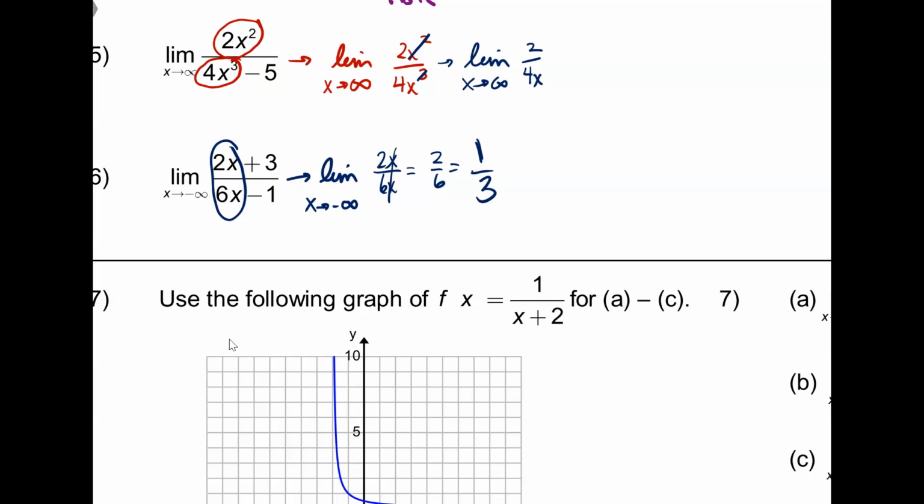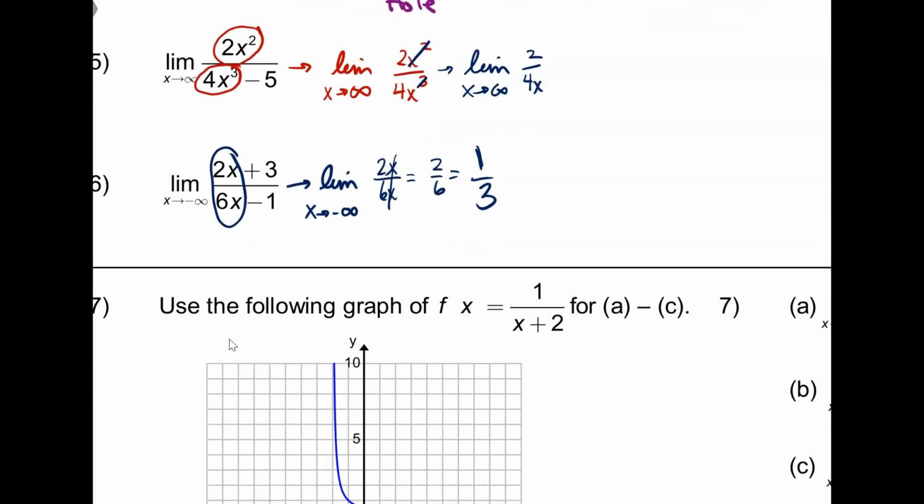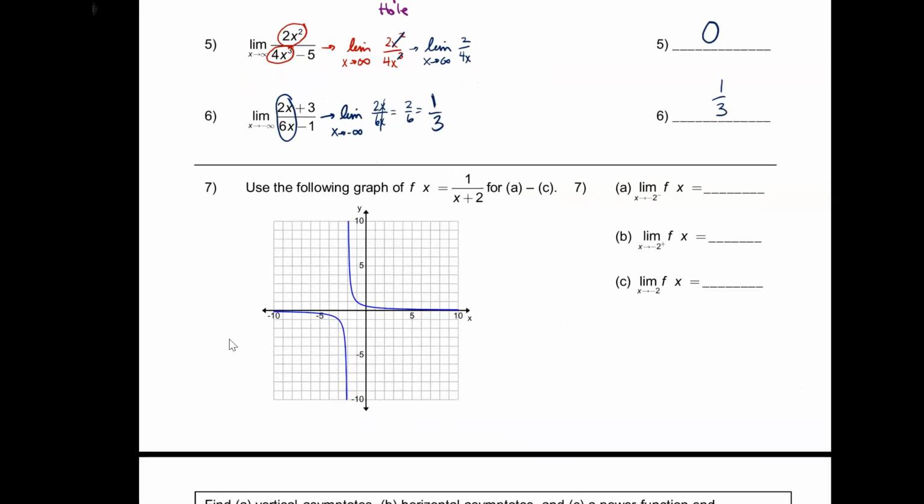If your degree is bigger on the bottom, it will approach 0. It doesn't matter if you're going towards positive infinity or negative. Whether it's going towards 0 this way or that way, coming from a positive or negative, it's always going to be approaching 0 at the ends if we have a bigger degree on the bottom. And if we have a bigger degree on top, then we actually don't have a limit. It doesn't exist, regardless of whether it's going to positive infinity or negative infinity. It's a good question, though.